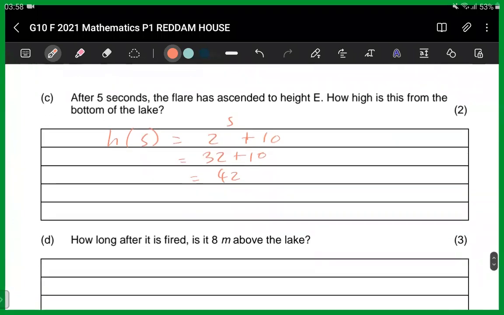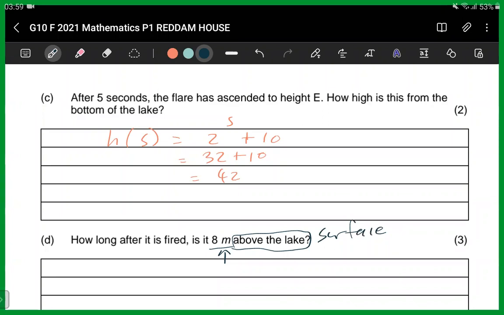Keep a calm head. Here it says, how long after it is fired is it 8 meters above the lake? So 8 meters above the lake, you have to be careful now. It's not 8 meters above the bottom of the lake. This is referring to the surface. Because if you look at the question, the way it's talking, right?